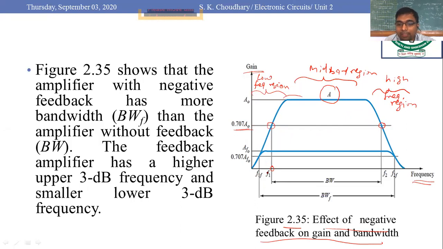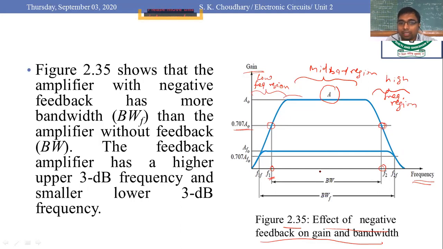At the low frequency region, this frequency at which your gain drops to nearly 71%, or 70.7%, of the maximum value is represented as FL, the lower cutoff frequency. And at the high frequency region, the frequency at which your gain decreases to 70.7% of the maximum value is called the upper cutoff frequency, or FH.